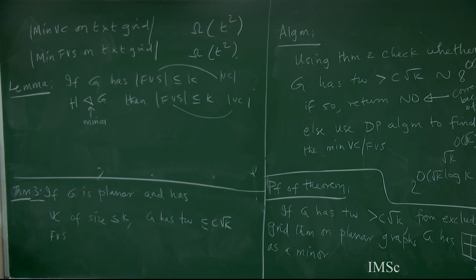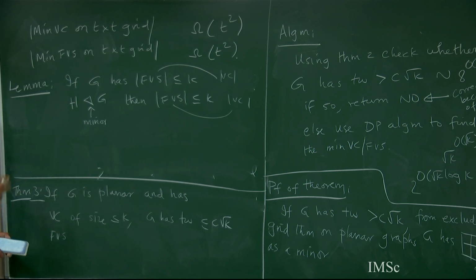Because, how do you obtain a minor? You delete some vertices, delete some edges, or contract some edges. Clearly, when you delete vertices, the vertex cover size is going to go down. When you delete edges, sure, because you have fewer things to cover. But when you contract edges, you can still argue that that edge is gone, but you maintain everything else. But at least you've lost one edge, and this vertex can cover whatever those two vertices were covering.